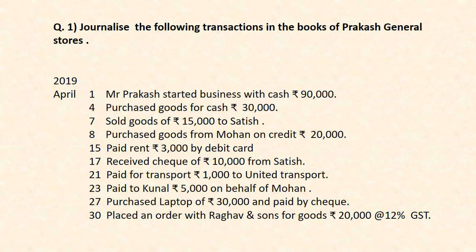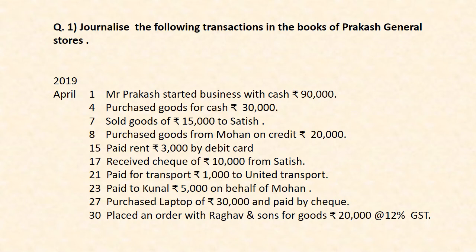On 15th April, paid rent rupees 3,000 by debit card. Next is on 17th April, received check of rupees 10,000 from Satish. 21st April, paid for transport rupees 1,000 to United Transport. 23rd April, paid to Kunal rupees 5,000 on behalf of Mohan.